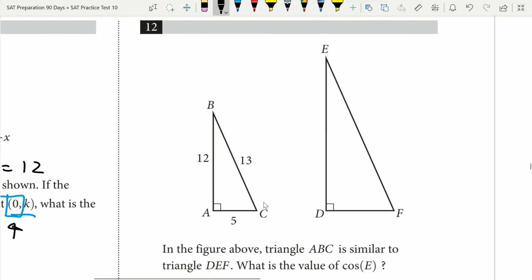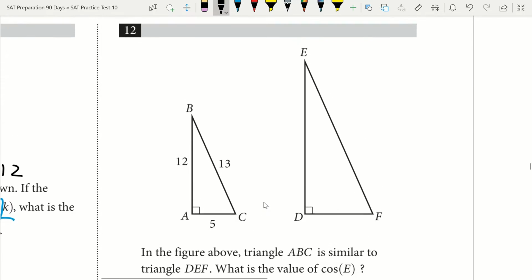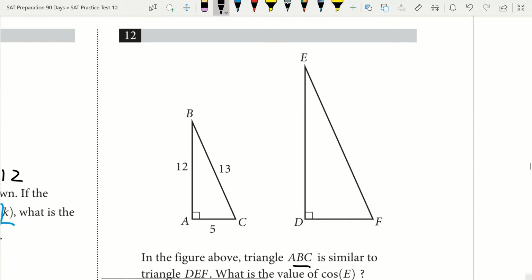Number 12, okay, right off the bat, I see that we're going to end up having similar triangles. I'm told triangle ABC is similar to triangle DEF. I'm asked for the value of cosine E. Okay, the value of cosine E is going to be the same as the value of cosine B, since those are going to be the same angle, right? We see that they're going to be the same angle measure since these are similar triangles.